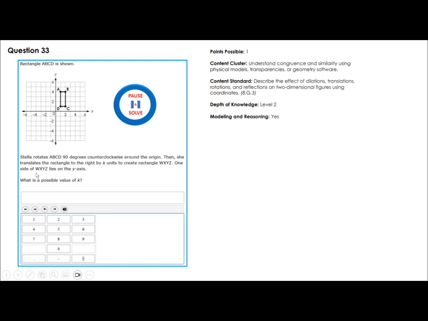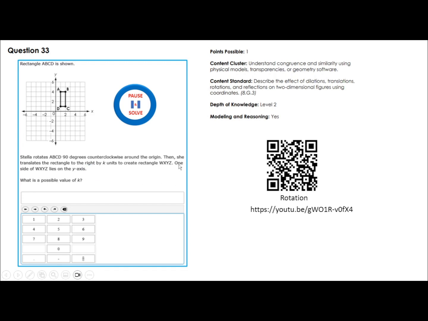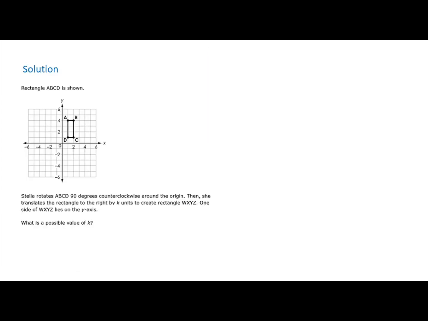One side of WXYZ lies on the y-axis. Again, you can check this rotation video. So rotates, translates. All right, let's see. First, we're going to rotate this 90 degrees counterclockwise. Is going to end up being here.